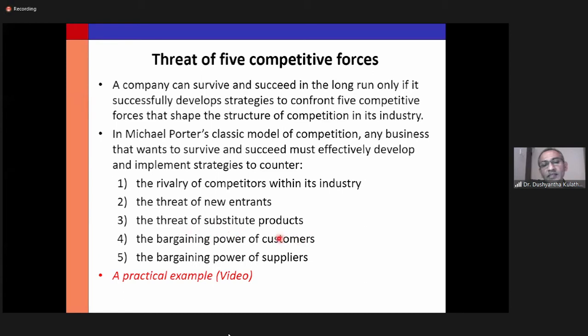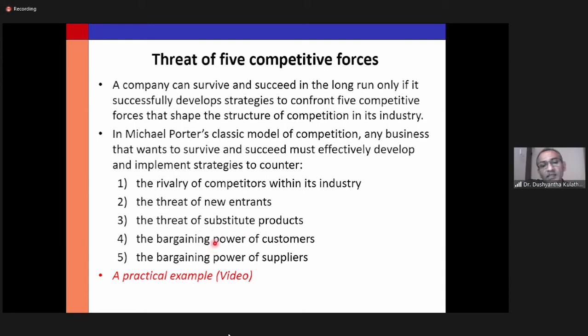But when it comes to retail products, customers may not be in a position to bargain the price. Even in an e-commerce business, the business will specify a particular price, and the customers are not in a position to bargain for a reduction. So that is also there. But if it is an e-commerce business, the other side is also there. Price is transparent, increasing the bargaining power of customers.